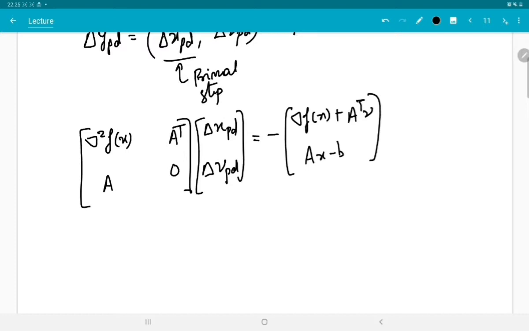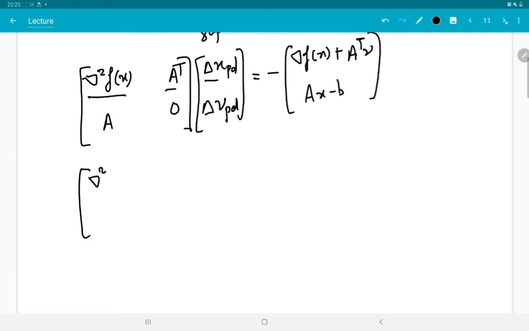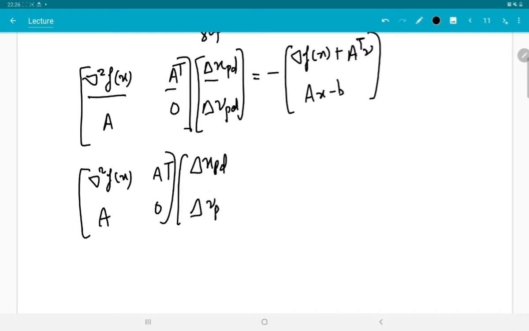This multiplication happens like this: del square f of x times delta x pd plus A transpose times delta nu pd, and we have a nu times A transpose here, so we can move this nu together with delta nu pd to obtain delta nu pd plus nu equal to negative of del f of x, Ax minus b.